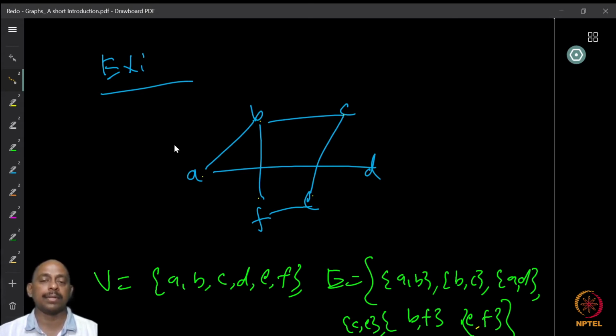We will define these things formally. A closed walk here: you can find B to F, F to E, E to C, and C to B. It's immediately clear from the picture. Here you need to find it out by going through each one and seeing which one forms a cycle. In the picture, it is immediately clear what forms a cycle, what does not form a cycle, and things like that.